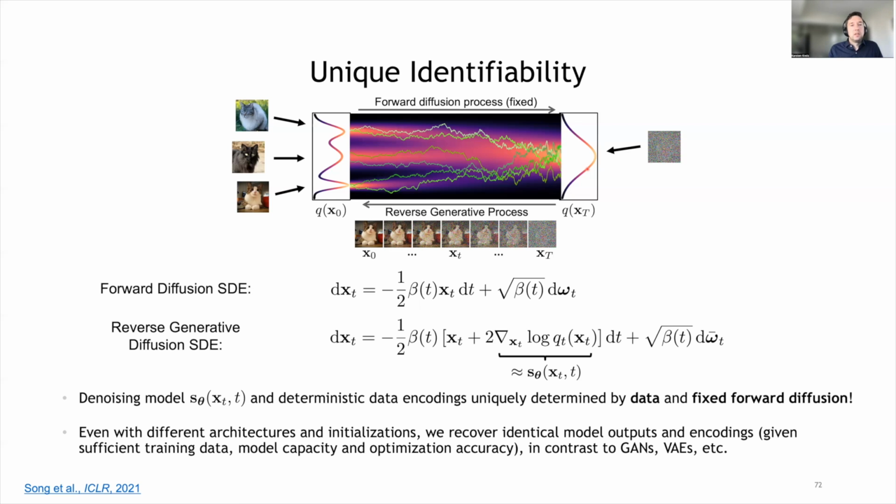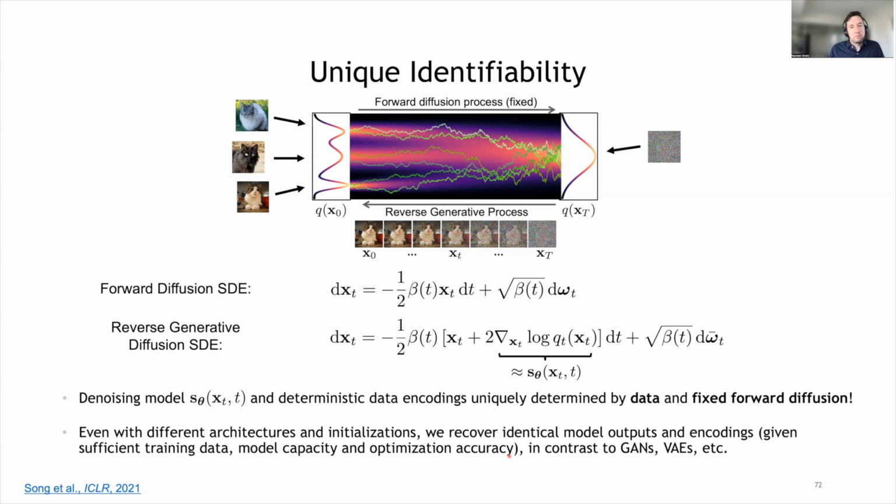What this means is that even if we use different neural network architectures for S and different network initialization, we should at the end recover identical model outputs, like identical score function outputs and data encodings in the latent space, assuming we have sufficient training data, model capacity, and optimization accuracy.